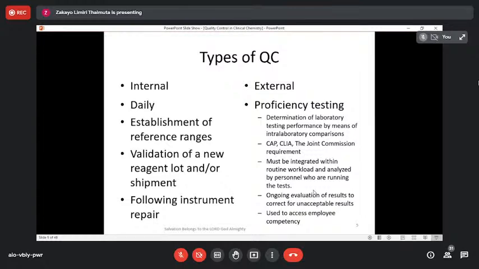So they will pick a specimen, send it like a patient specimen to a place like Nairobi Hospital, and tell them to report or give them the analysis. What you are sending is the quality control material, and you want to check if the value is okay for you.